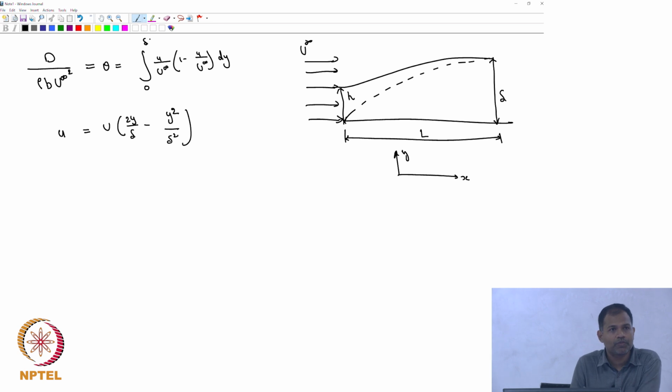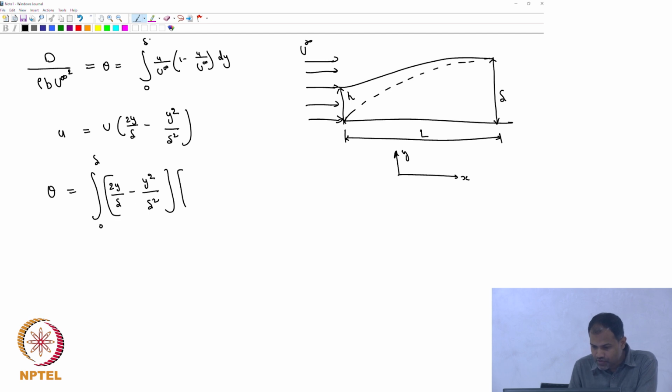So we could continue. We'll first calculate this so-called momentum thickness theta equal to integral 0 to delta of u by u infinity, that's 2y by delta minus y square by delta square, times 1 minus u by u infinity, that's 1 minus 2y by delta plus y square by delta square, dy.